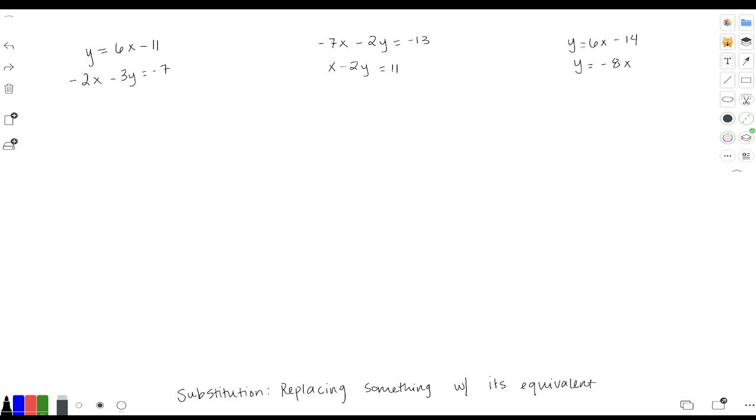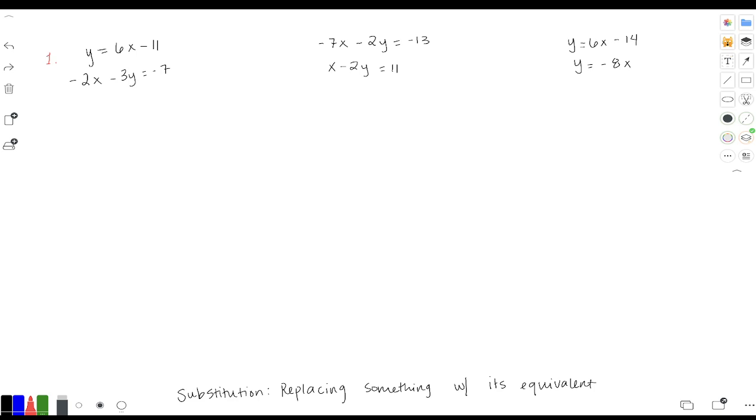So it's really important that we know what an equivalent means and that we plug in an equivalent expression for whatever we're replacing. And that might make a little bit more sense as we get into these 3 practice problems that I have written up here. But let's just look at this first example here.